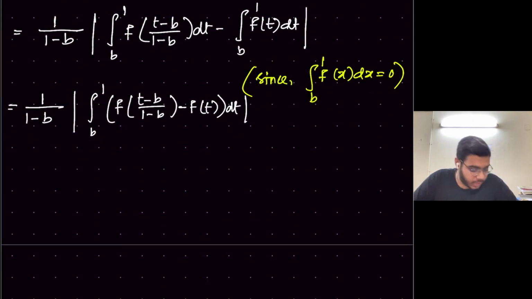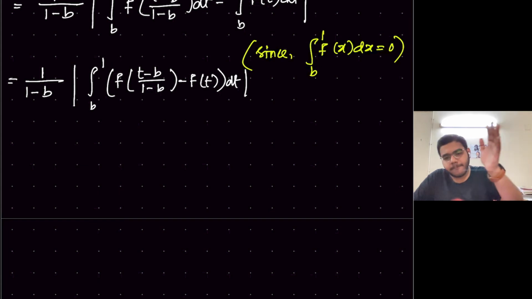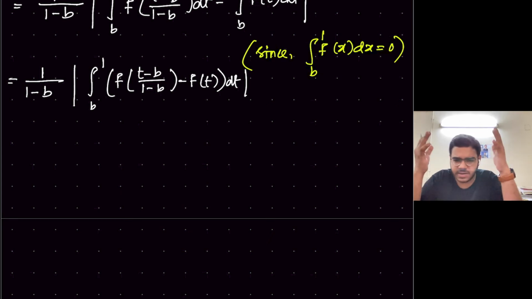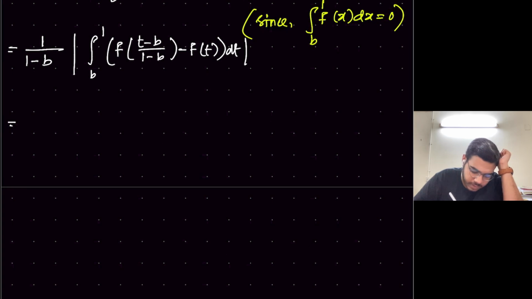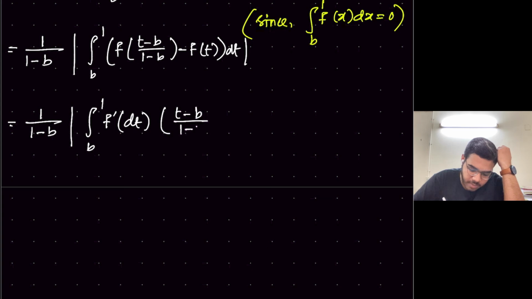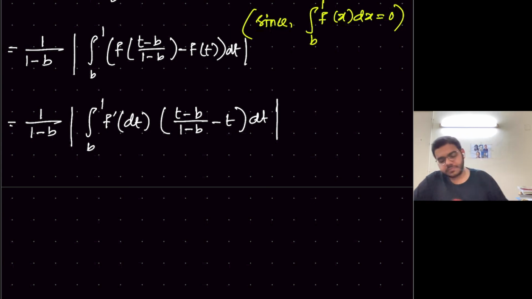Now similarly by LMVT, we'll find some ξ_t between (t minus b) by (1 minus b) and t, or if (t minus b) by (1 minus b) is less than t, we'll write t comma (t minus b) by (1 minus b), doesn't matter. So this will be similarly 1 by (1 minus b) integral of some f dash of ξ_t, times (t minus b) by (1 minus b) minus t dt. Okay, this is by LMVT.